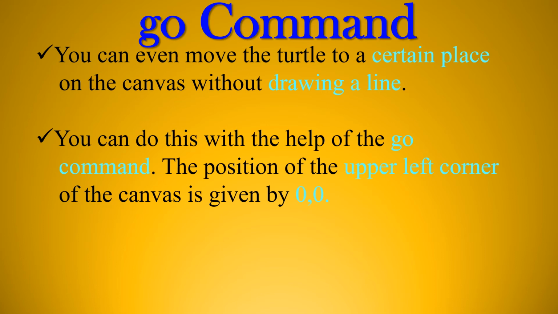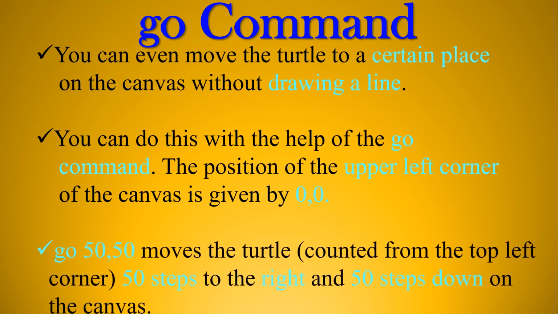The number of steps the turtle will move is calculated from this position. For example, go 50, 50 moves the turtle. It will be counted from the top left corner, 50 steps to the right and 50 steps down on the canvas.